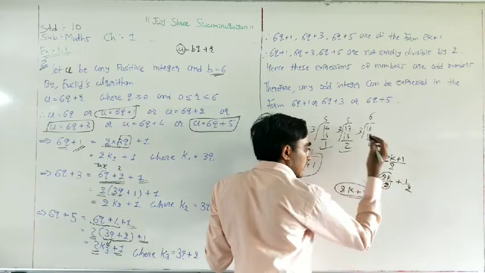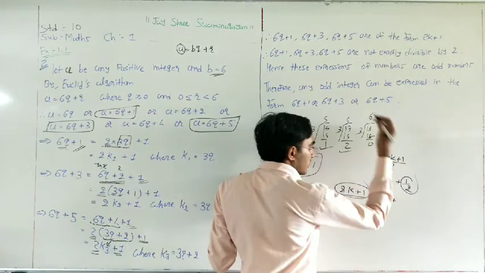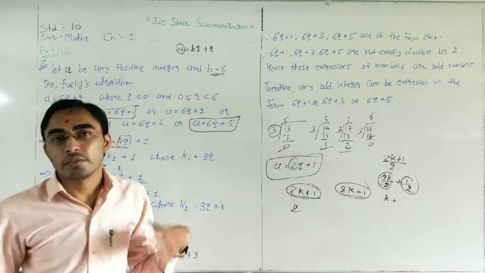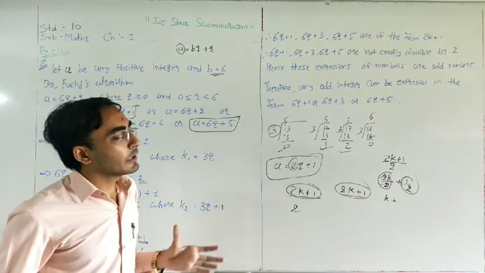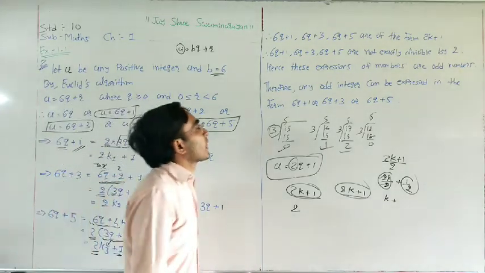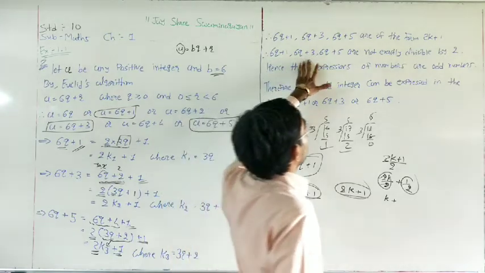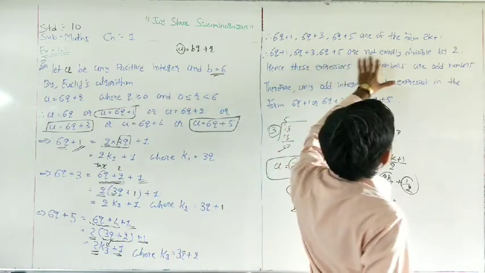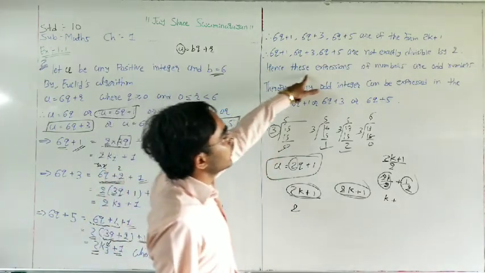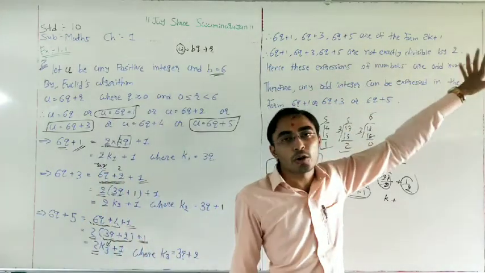So here division is possible, but here 1 by 2 is there. That means we cannot divide with 2. Alternatively, you can say that 2k plus 1 is not divisible with 2. So 6q plus 1, 6q plus 3, 6q plus 5 are not exactly divisible by 2. Hence, these expressions are odd numbers.